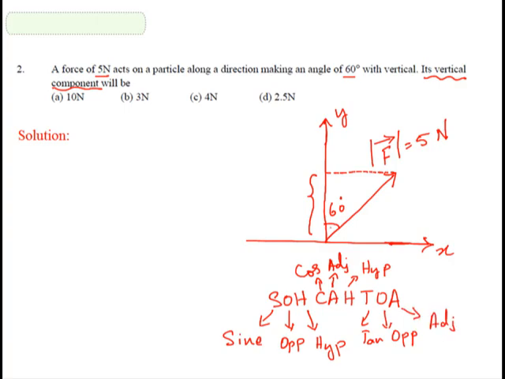Now you see, this angle 60 degree is adjacent to this line. Don't you think so? So we have to use a relation corresponding to the adjacent side. So this relation has to be used.